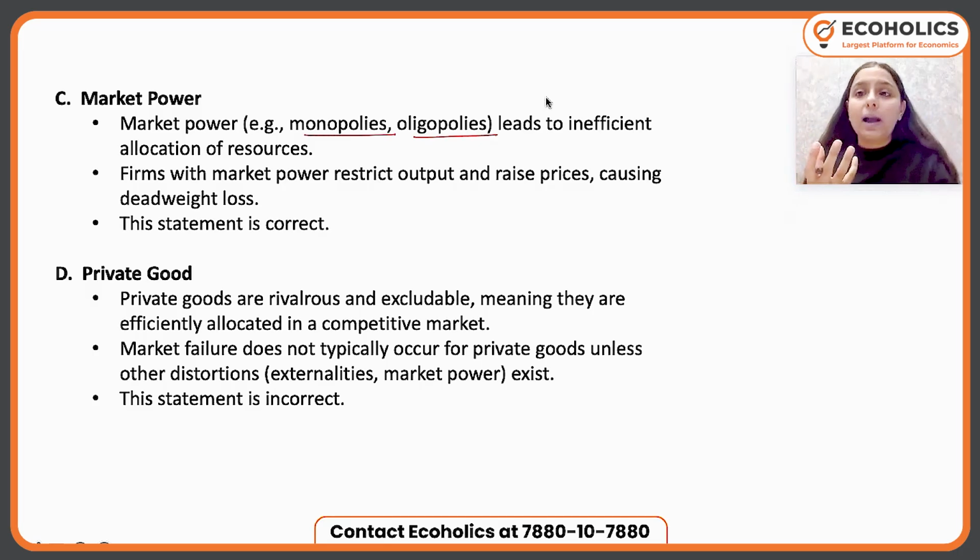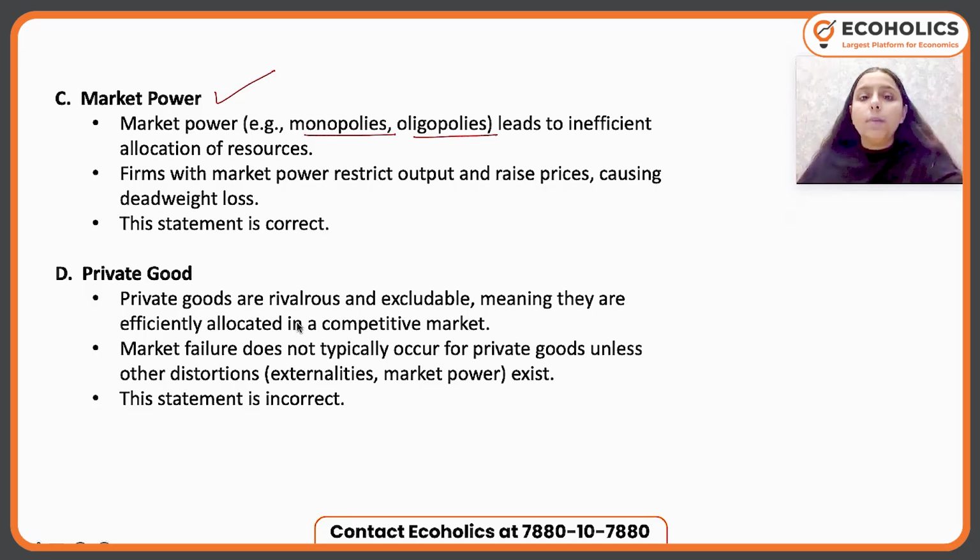So again, what will happen? Because prices can rise, output can be restricted to create higher demand. Because of this, the consumer surplus is going to get lost. It will be turned into the deadweight loss as well, which is again a market failure. So, in the case of market power, there will exist an inefficiency, and hence, as a result, market failure will happen. So, third option also market failure is happening.